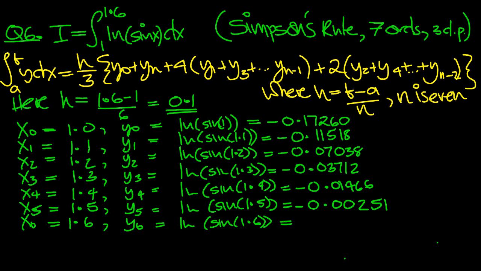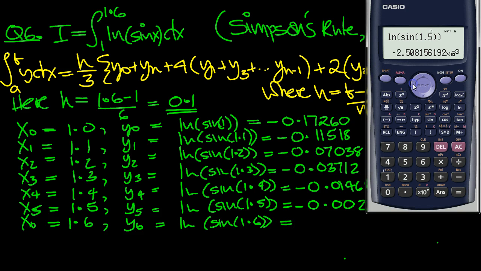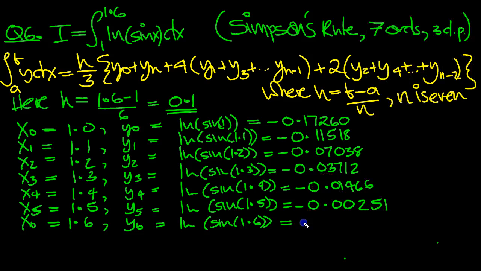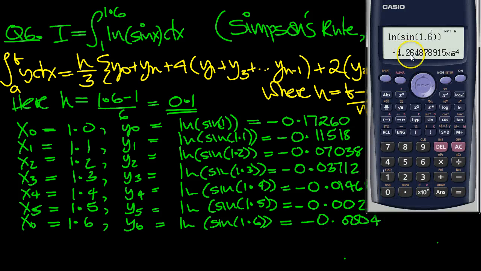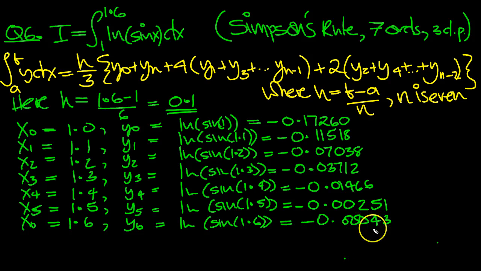And now 1.6, let's put that in. It's minus 0.0004, then one more digit after the 4 is a 3. So it's minus 0.00043. That's it.